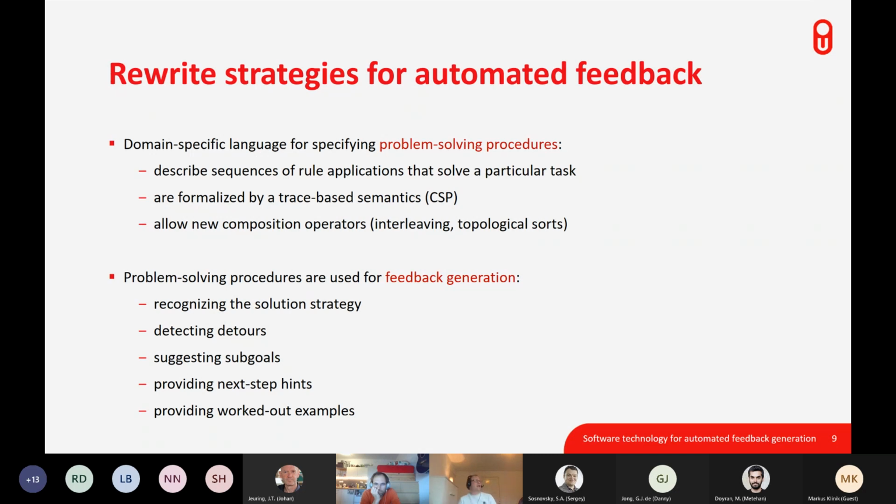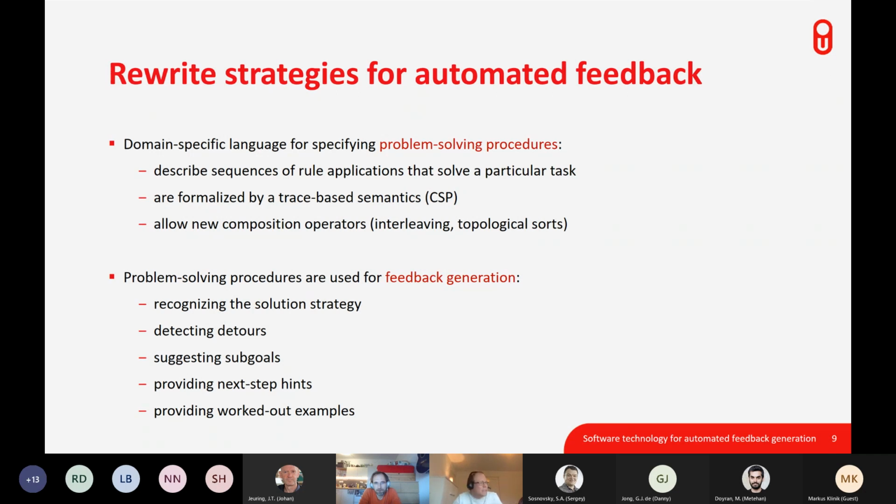And in this domain-specific language, we have a very small set of core combinators, but there are all kinds of operators with which you can compose these problem-solving procedures to form more complex procedures. So for instance, the interleaving of procedures or topological sorts of these procedures. Based on these problem-solving procedures, we automatically generate the feedback.